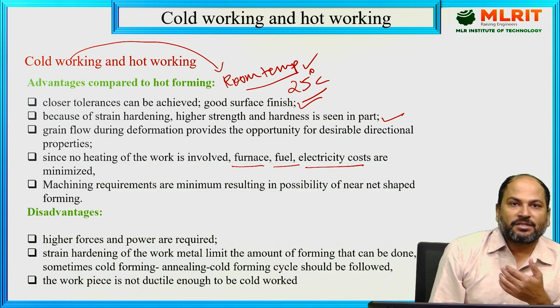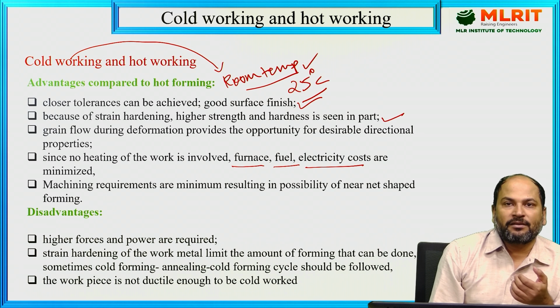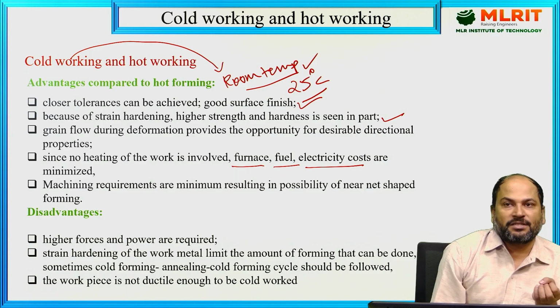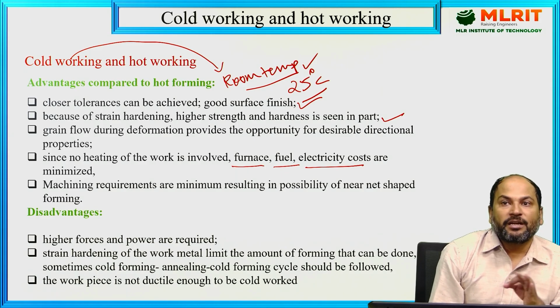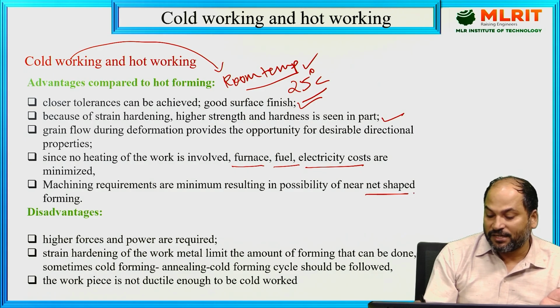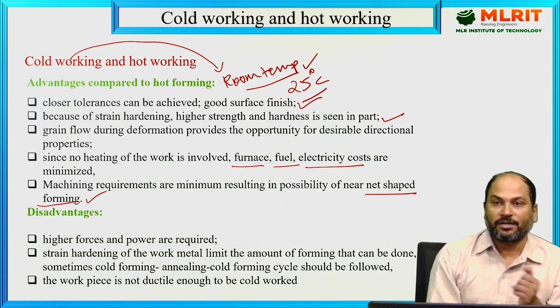Machining requirements are minimum, resulting in the possibility of near net shape forming. And this is also very, very important. Once you have done the processing, there will be no requirement of machining. Means no other secondary operations are required after the processing. So almost near net shape forming is generated. This is very, very important to understand.